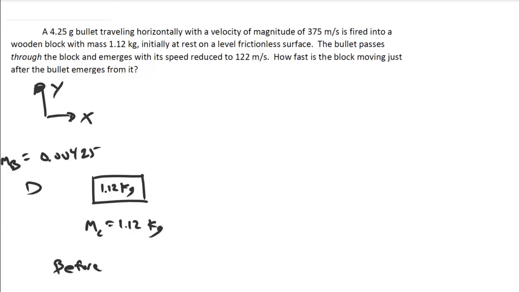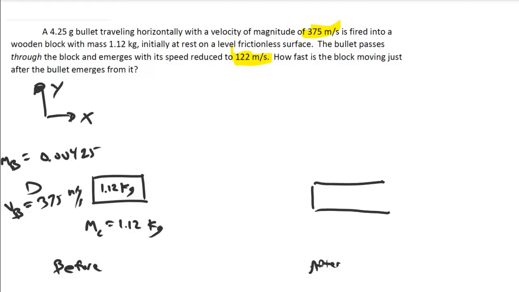The bullet was first traveling at 375 meters per second, then it hits the block, goes through it, and comes out at 122 meters per second. So the initial velocity of the bullet is 375 meters per second. In the after condition, we have the crate and the bullet with the same masses. It's likely that the block lost some of its mass, sawdust or something, but let's pretend that's not the case.